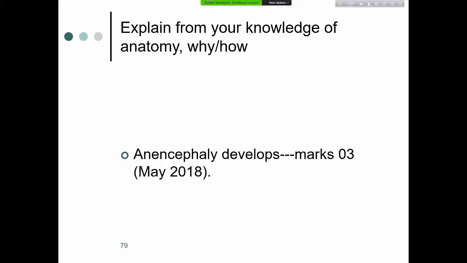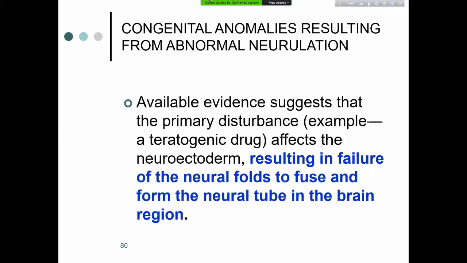There was a question one time: why does anencephaly develop? Marks was 3. Explain from your knowledge of anatomy or embryology why and how anencephaly develops. The answer is very easy. The answer should be, there is failure of the neural folds to fuse and form the neural tube in the brain region.